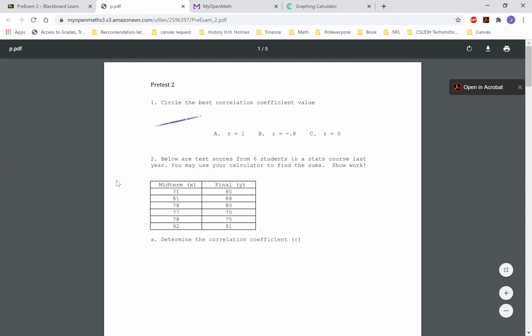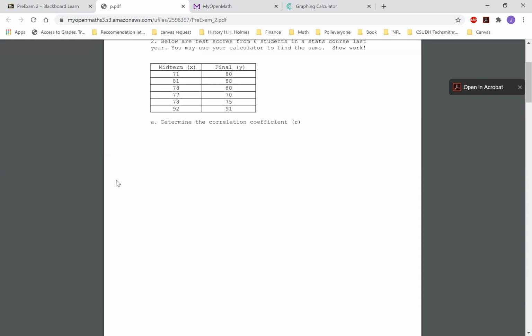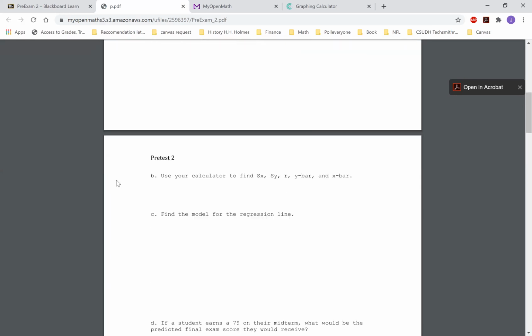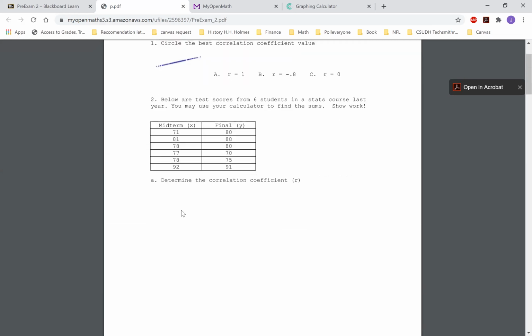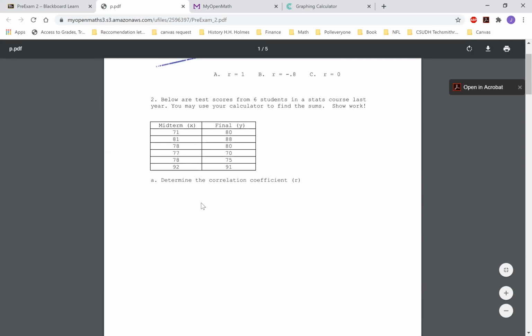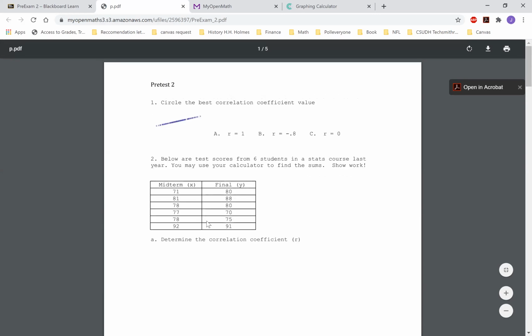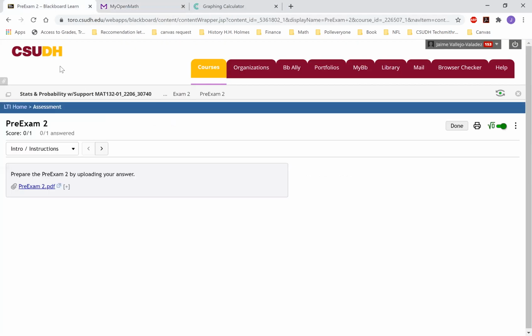You do want to go over this for tomorrow, so you can ask questions about it tomorrow, because tomorrow we're going to go over this, and then that's pretty much it. So that's the homework, and that's where you can find the pre-exam. All you have to do is go to exam number 2, and then click where it says pre-exam.